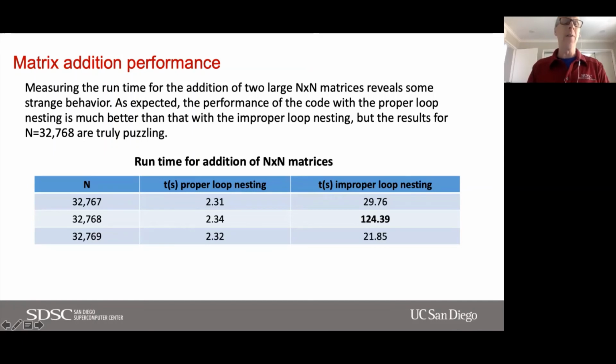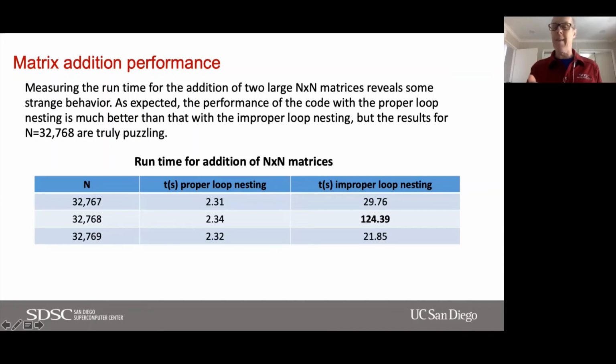Okay, so we're going to look at an example of a matrix addition code. This little piece of code doesn't do very much. It just allocates 3 large matrices, initializes 2 of them, and then adds them element by element. We're going to be working with some pretty big matrices.